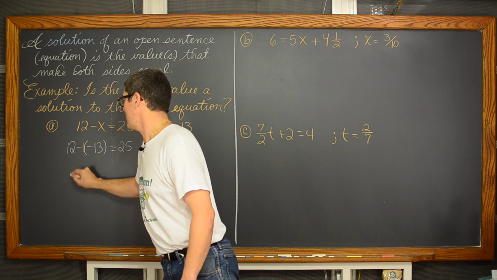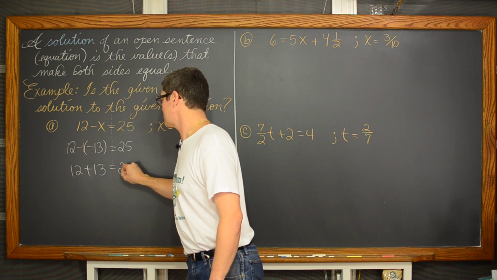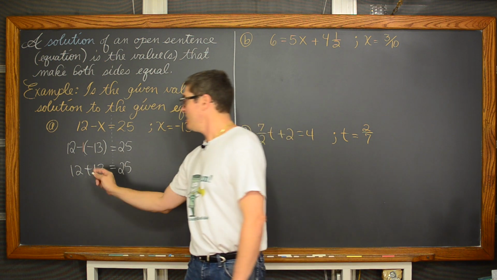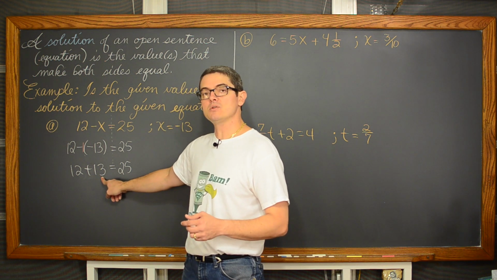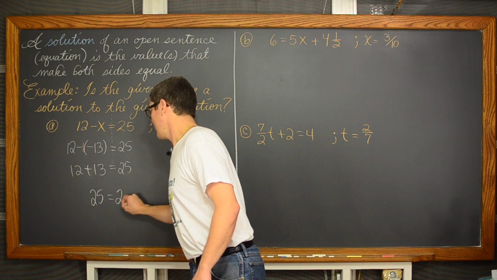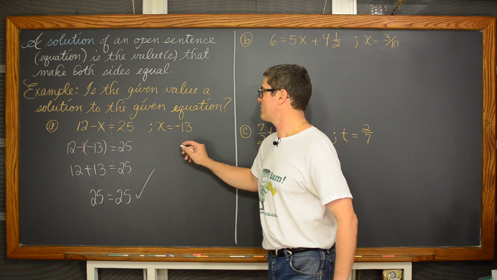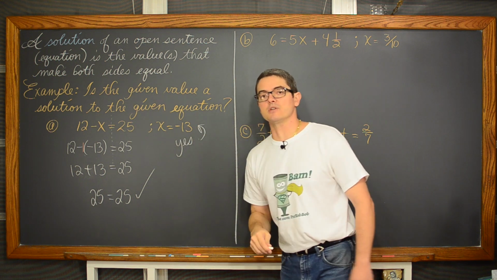Again, we're checking to make sure this is equal to 25, and we have 12 plus 10, which is 22, and then 22 plus 3 is 25, and that checks out. So negative 13, yes, is a solution.